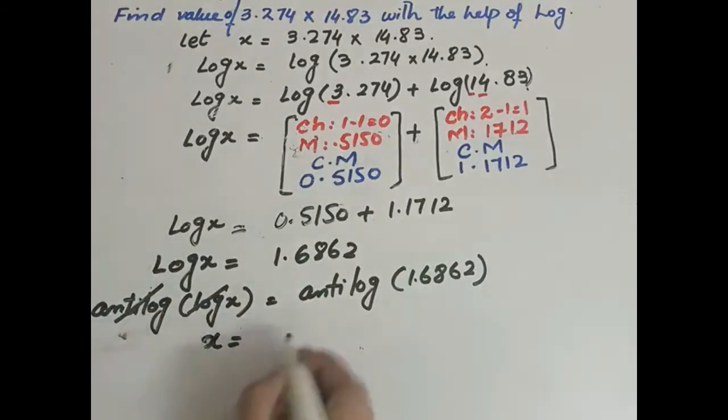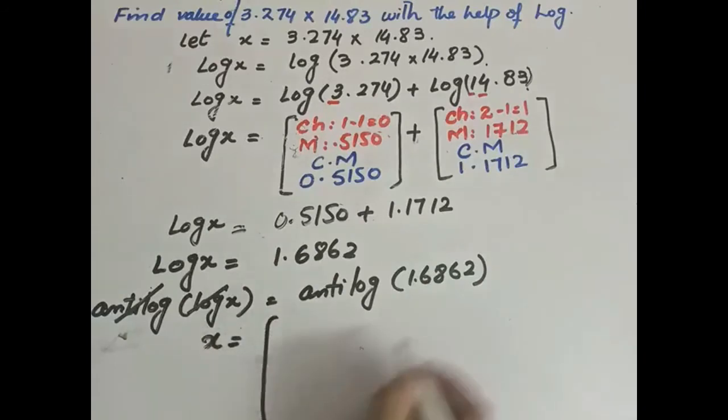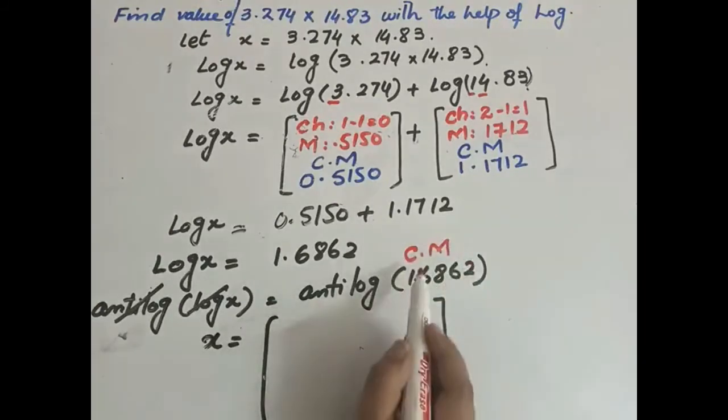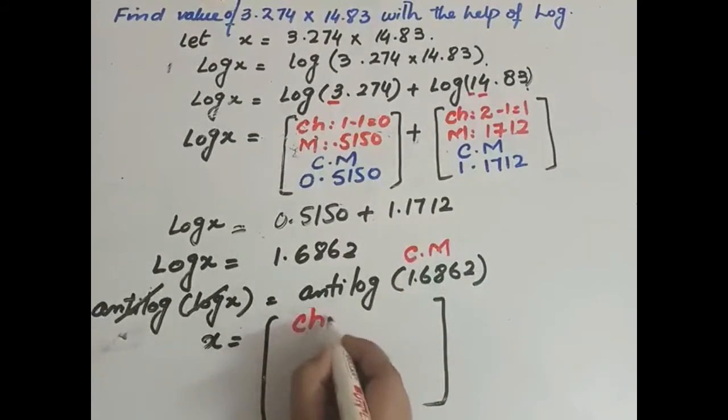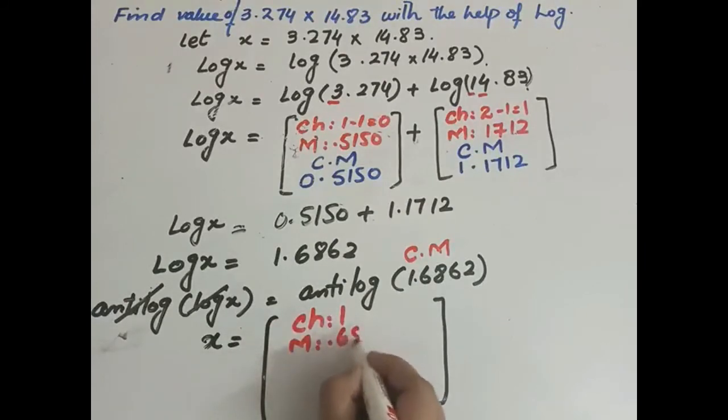Now for the anti-log, again I have to follow some procedure. This is C dot M, so its characteristic is equal to 1 and mantissa is 0.6862. In my previous lecture, I told you how to find the anti-log of a number. I have to make the characteristic a power of 10.